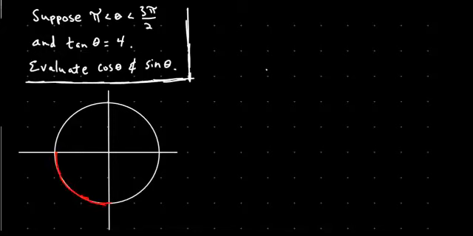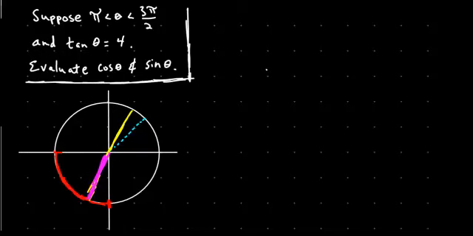Tangent of theta equals 4 means the slope equals 4. We know here is a slope of 1, so it's going to be somewhere up in here. It's going to be this radius that we're looking at.